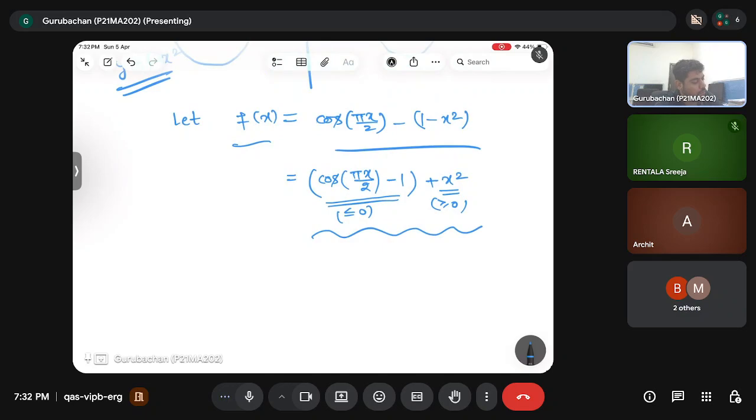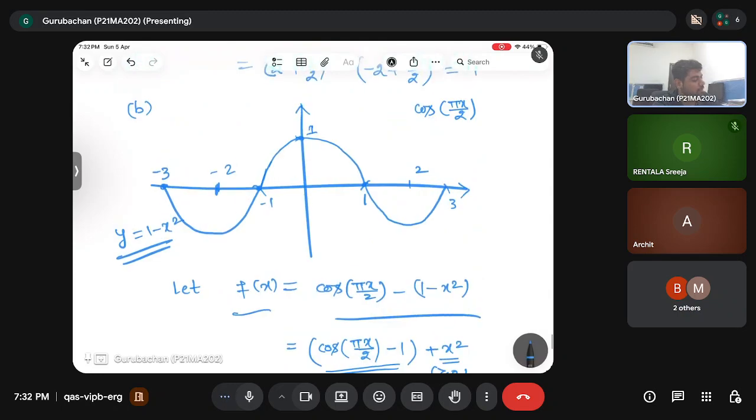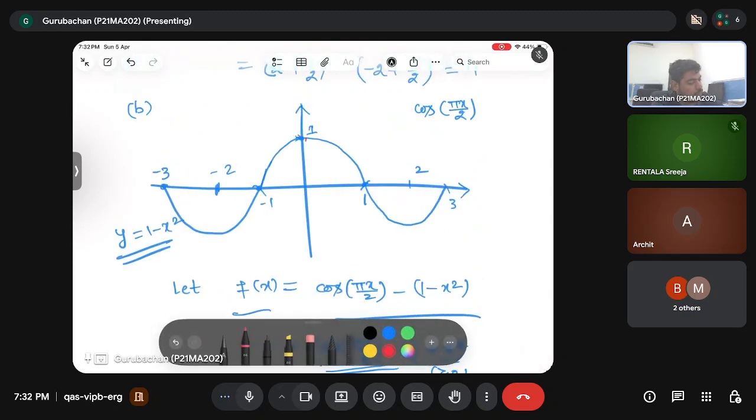See, f of 0 is 1, so obviously at 0 they will match. It will be also here.